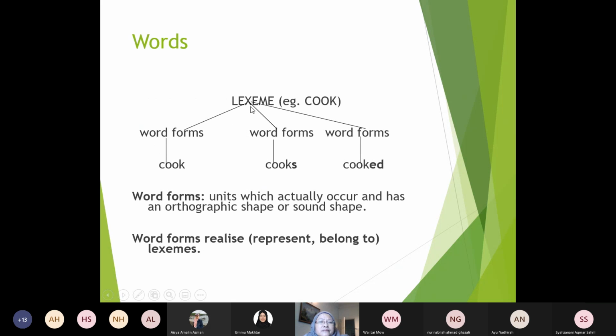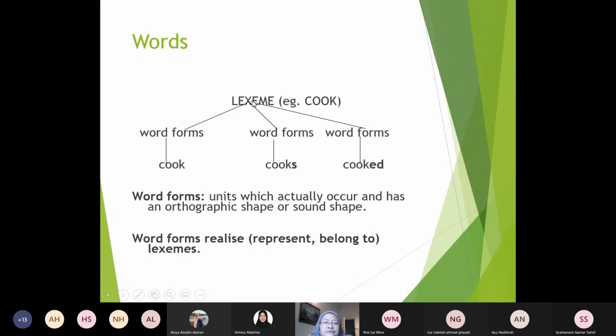For example, the word COOK in capitals is abstract, and then you have the various word forms: cook, cooks, cooked. The word forms are units which actually occur as we see it, as we hear it, and have an orthographic shape or sound shape. Word forms realize, meaning represent or belong to, a lexeme.